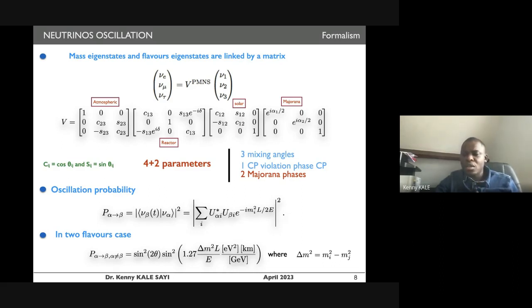They are not massless particles. This is one of the most wonderful experiments and discoveries of the last 10 years. And for this also, there was a second Nobel Prize for this demonstration.